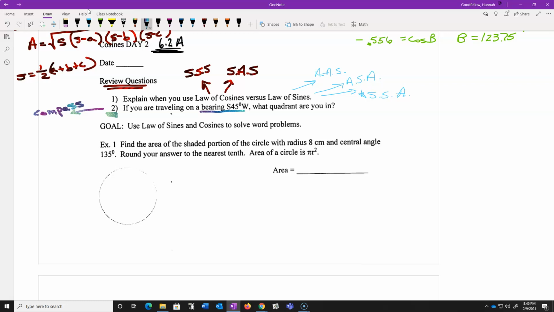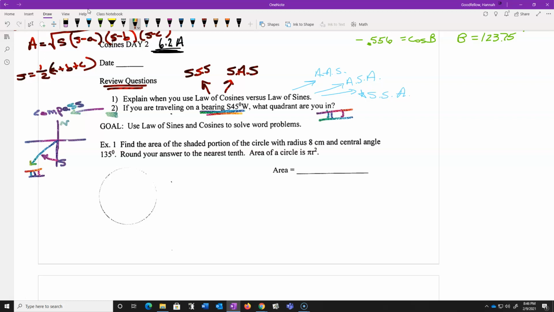So when we talk about a bearing, we always start on a north or south line. If I say a bearing of south 45 degrees west, I start on the south line and go 45 degrees to the west, and I would be in quadrant number 3.